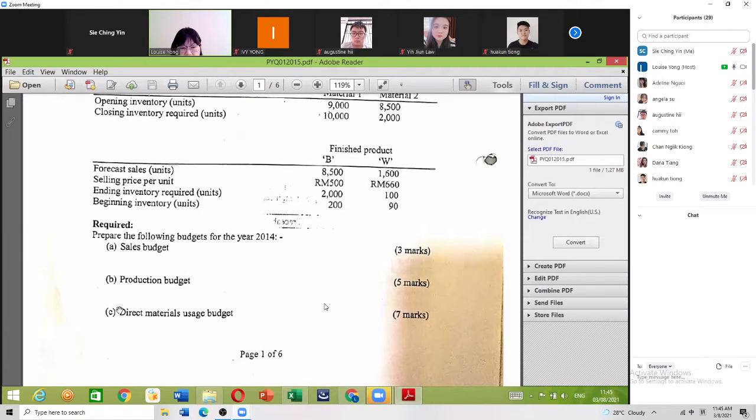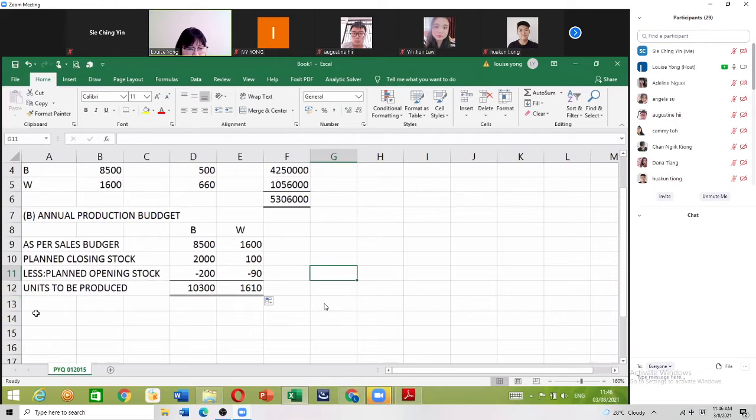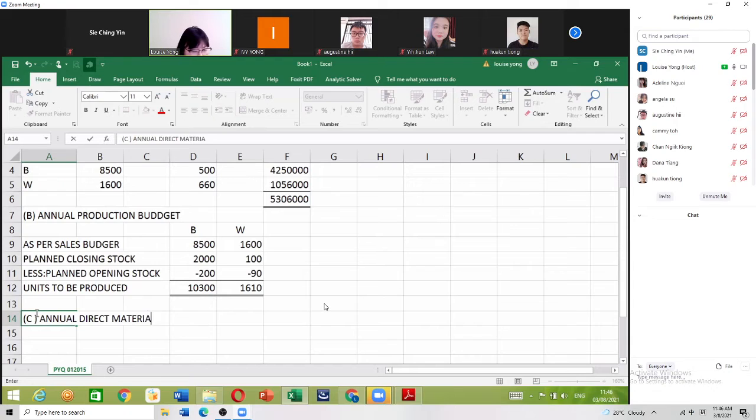Then the third is material usage. How many materials here? Material 1 and material 2. For each of B and W, you work out how much of material 1 and material 2 is used, and then the total. So for part C, what will be your annual direct material usage budget?